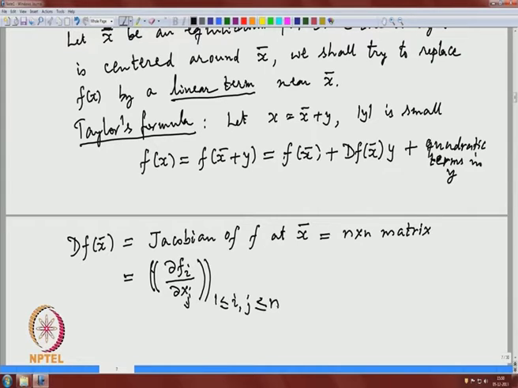Okay, that is the matrix. And this quadratic terms in y, we write it as O of mod y square in that part. Okay.